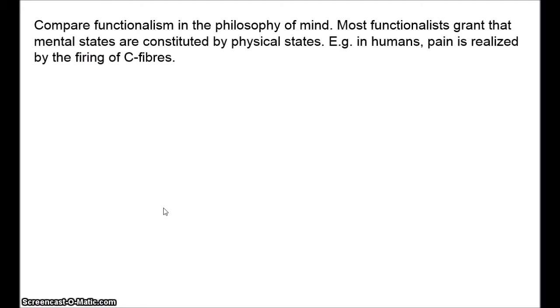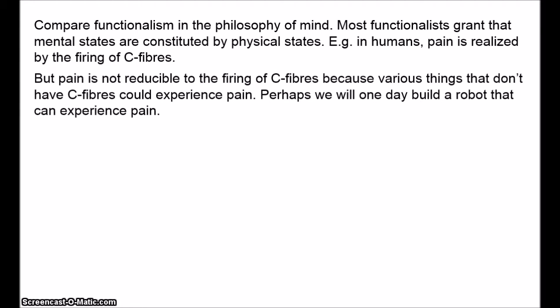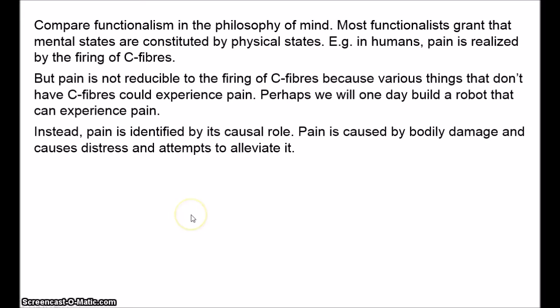Now, presumably, pain can't be identified with the firing of C fibres because various things that don't have C fibres could experience pain. Perhaps one day we'll build a robot that could experience pain, but the robot would be made of silicon chips and transistors, not neurons and C fibres. So functionalism suggests instead that pain is identified by its causal role.